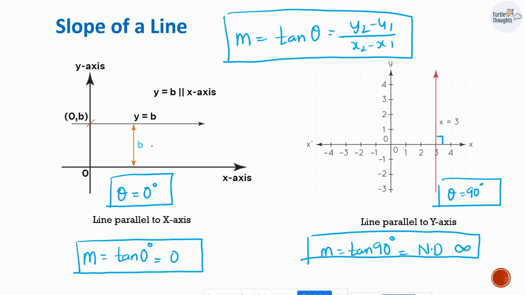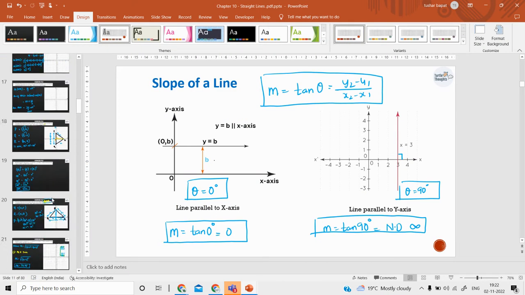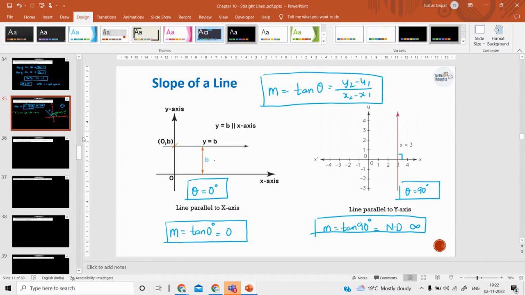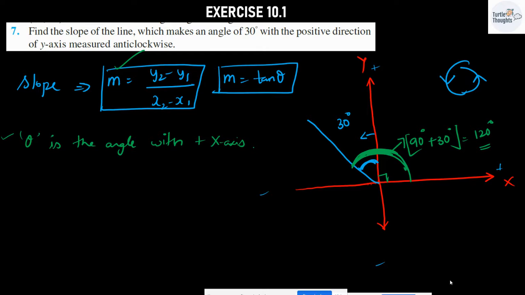Yes. So angle theta is going to be 120 degrees. Once you have got your theta, it is very easy to find.